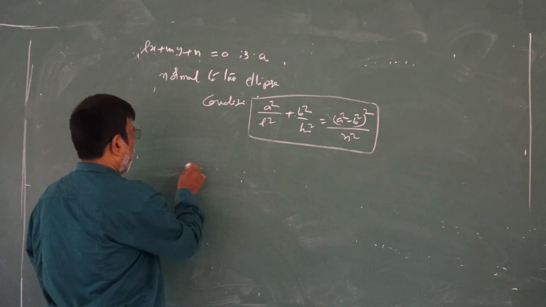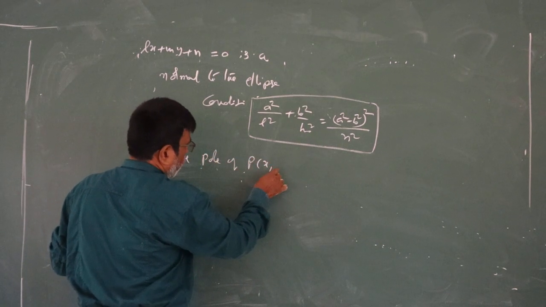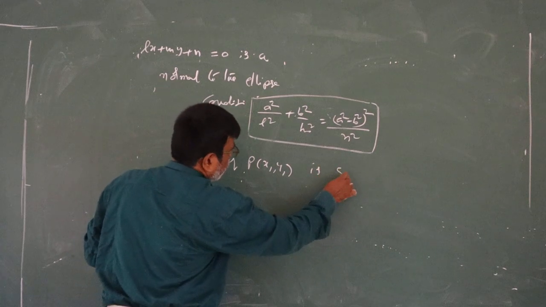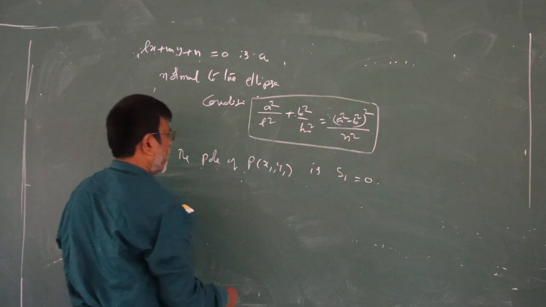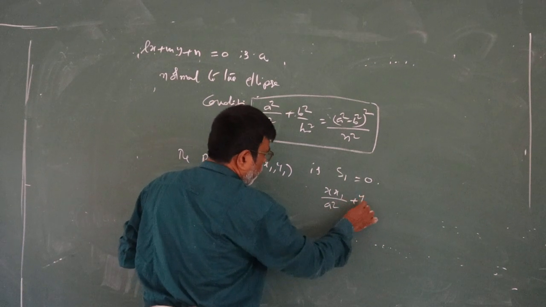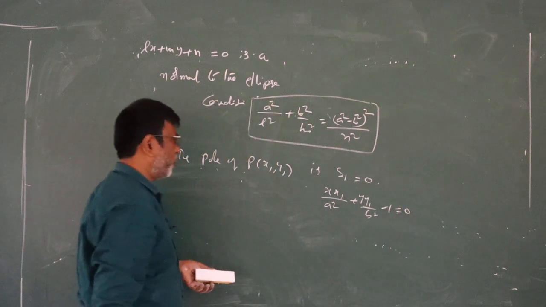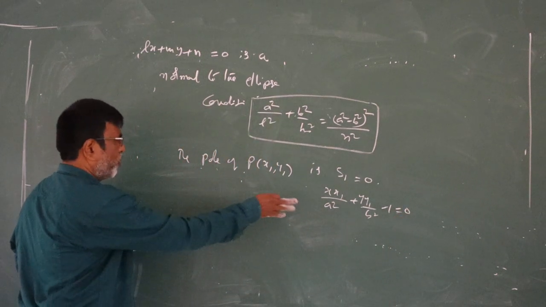Suppose the pole of P(x1, y1) is S1 equals 0. That is very important. S1 we already know: x x1 by a square plus y y1 by b square minus 1 equals 0. These are very important formulas.